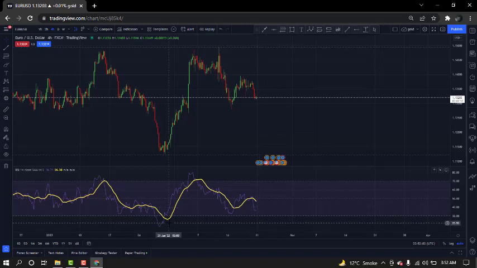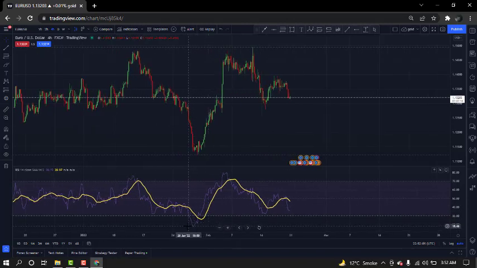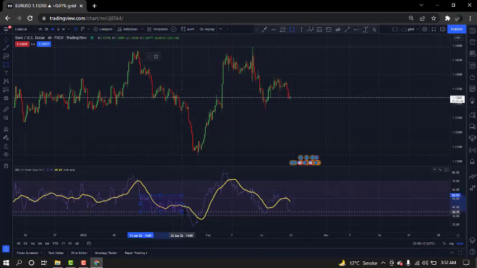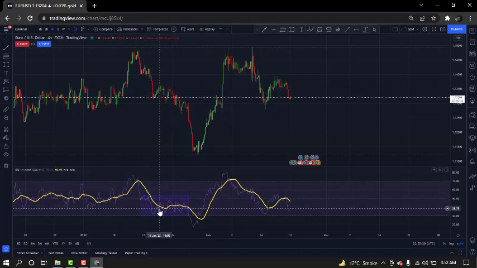You can see here, this is the perfect example of oversold and overbought, and this is the range. Let me highlight it for you. You can see there is a continuous trend, and then suddenly everyone is selling too much.